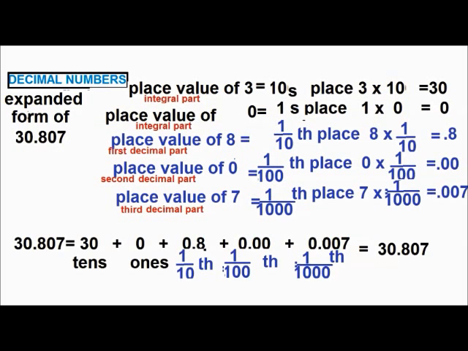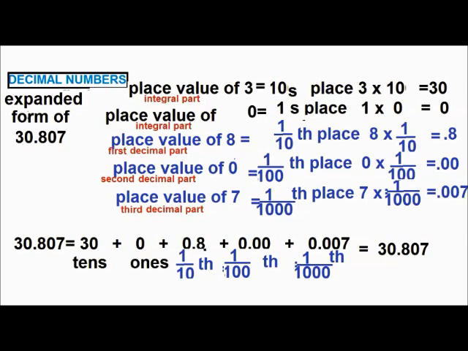Expanded form of 30.807. Now the place value of the integral part numbers, that is 3, is in the 10s place, so the place value becomes 3 into 10, 30. Place value of 0, 0. Place value of 8 is in the decimal part, 1/10th place, that is 0.8.